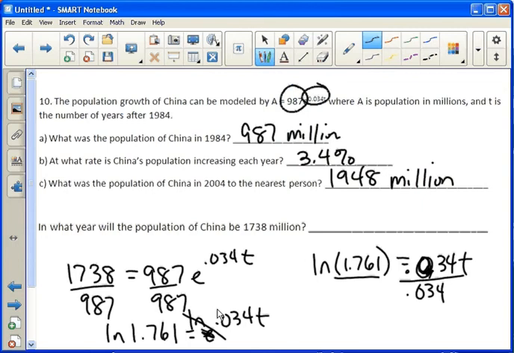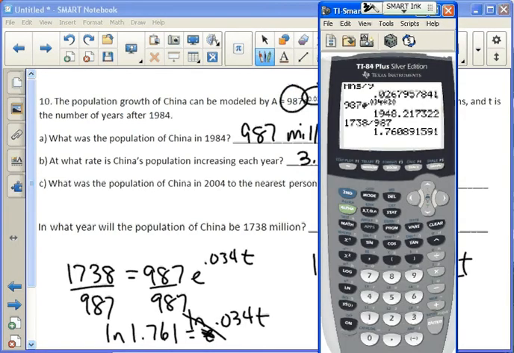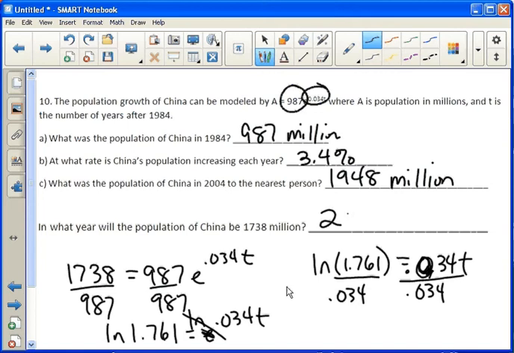So the natural log of 1.761 divided by 0.034 gives us 16.64. So that's 16 years after 1984, so it would be the year 2000. So again, our answer was 16 years and some change, making it the year 2000.